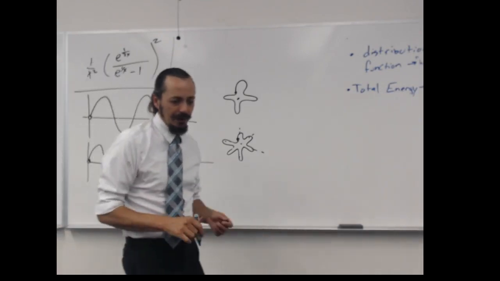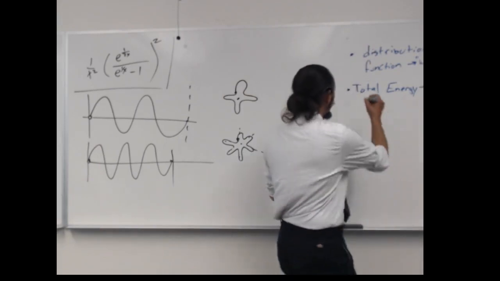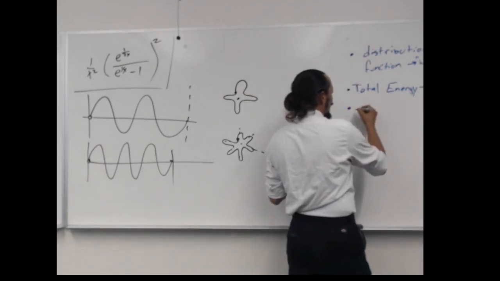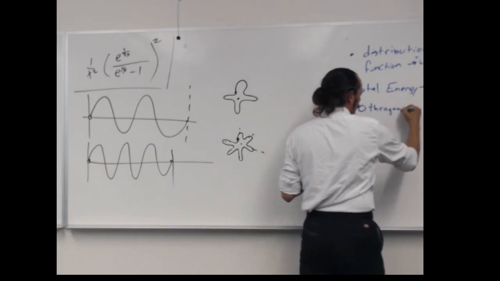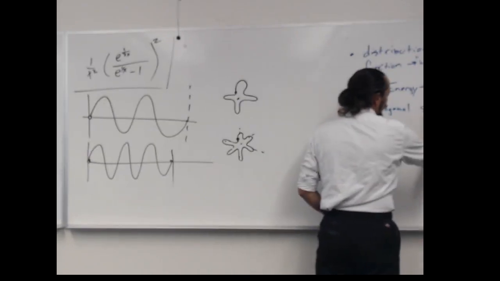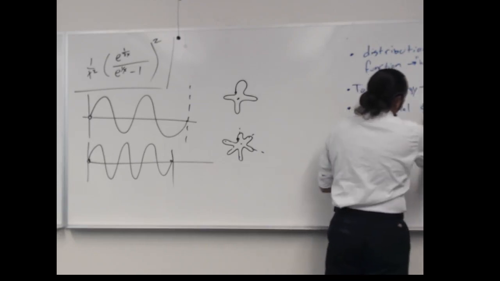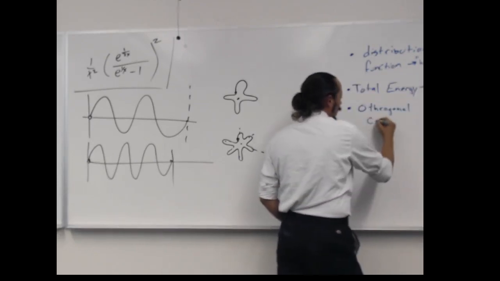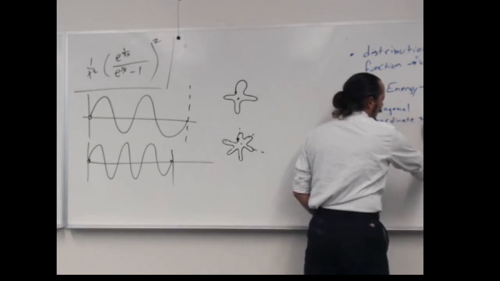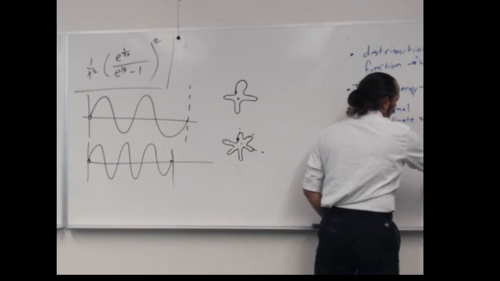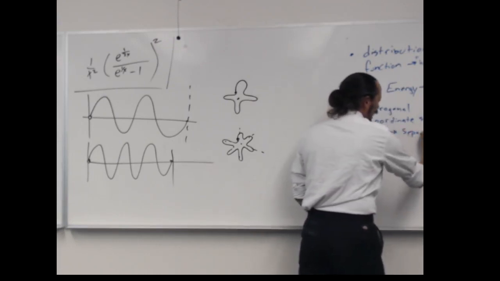And the last thing that we talked about last time that's going to come back is having those orthogonal coordinate systems, which allowed us to do some separation of variables.